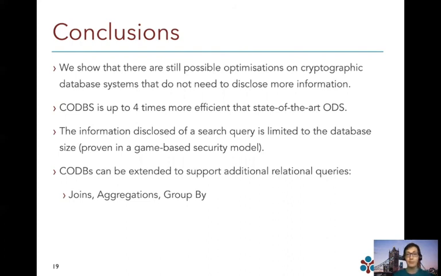Additionally, the information disclosed by such queries is limited to the database size, and we have proven this with a game-based security model that we don't present in these slides, but it's available in our full paper. And you can actually extend our CODBS protocol for additional relational operations like joins, aggregations, and group bys.